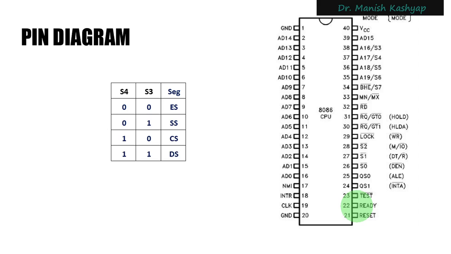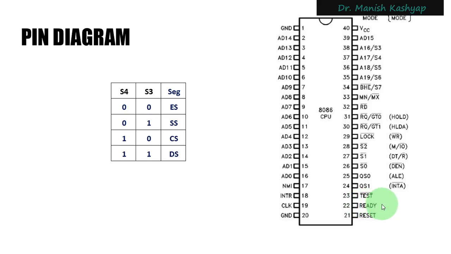This microprocessor operates at 5 megahertz, and there might be devices which are slower in comparison. So, to synchronize things between these two properly, we have this READY pin, which is an input signal to the microprocessor.